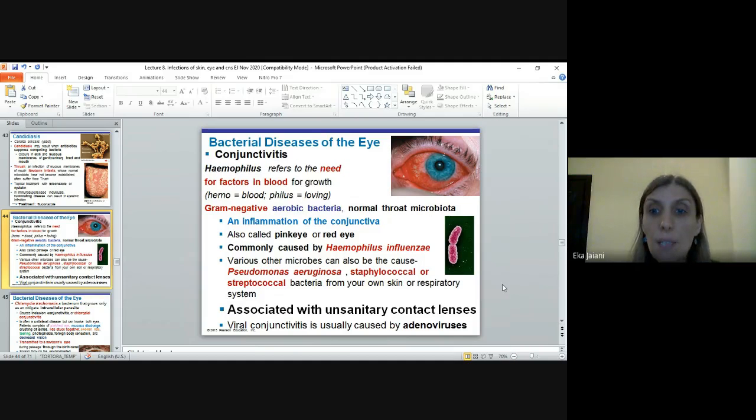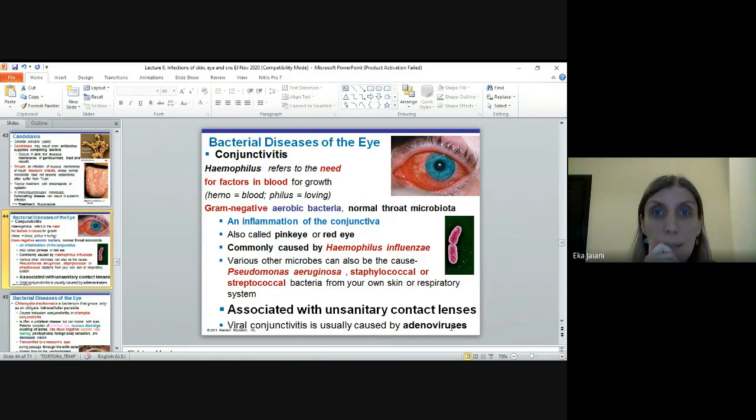Very often adenoviruses are a major cause of viral conjunctivitis, and this is very, very contagious. Other viruses, like herpes simplex, can also cause conjunctivitis, but the major cause among viruses is adenovirus.